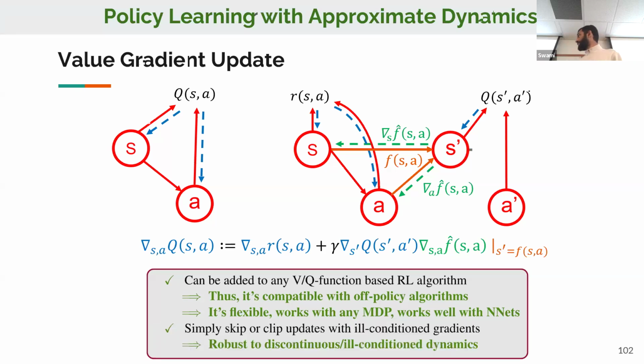In fact, even if, for example, the dynamics is ill-conditioned or is non-nice in certain ways, because this update only needs to be backpropagated through a single time step, it's much more robust to these kinds of gradient explosion and vanishing problems that you might face with something like ILC, or trying to unroll the gradients through multiple time steps.